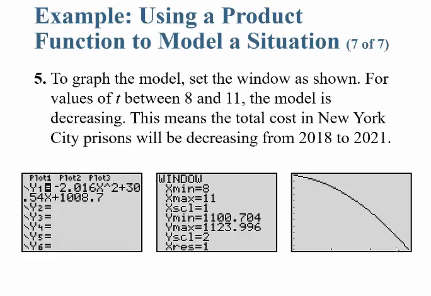The reason that this can happen is although costs are rising, the number of inmates are falling at a greater percentage than the percent increase of the cost. So while costs are rising, New York City is doing a good job of maybe looking for other avenues for people instead of sending them to prison. And we're seeing that the total cost is actually falling.